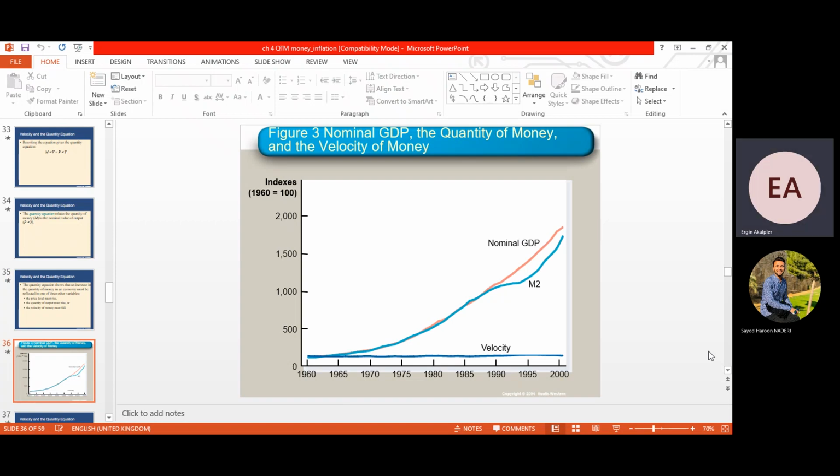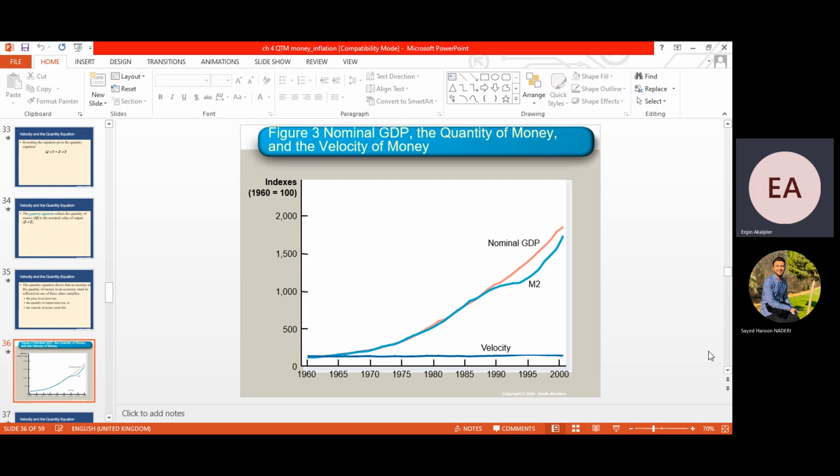Here it is given M2, which is the cash and the coins, and nominal GDP is represented with the pink one. As you are observing, they move almost in parallel. The amount of money in circulation and the produced goods and services are almost similarly realized, and the speed of money, as you are observing, is somehow a horizontal line, which changes the economic activities regarding the speed of money in the system.